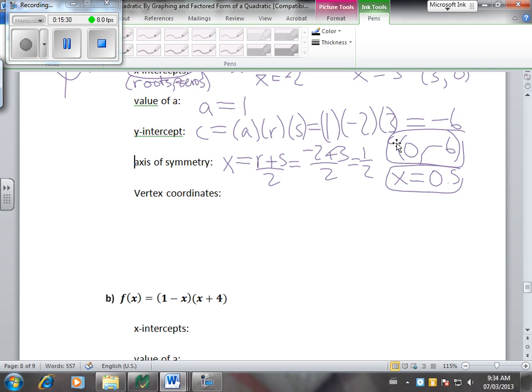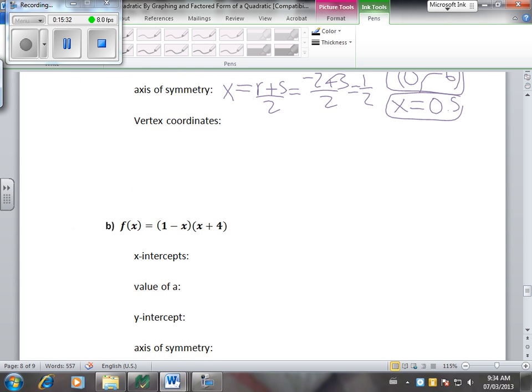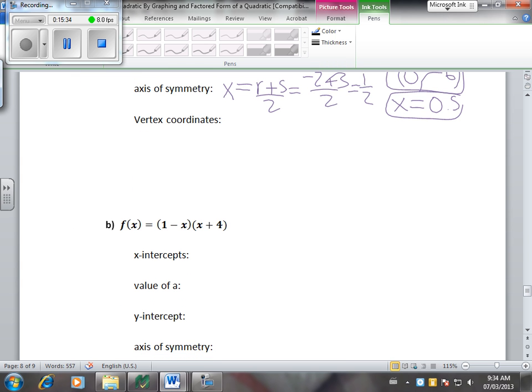And then to find the vertex coordinates. The vertex has an x coordinate of 0.5, and we know that because our vertex has to lie on our axis of symmetry.